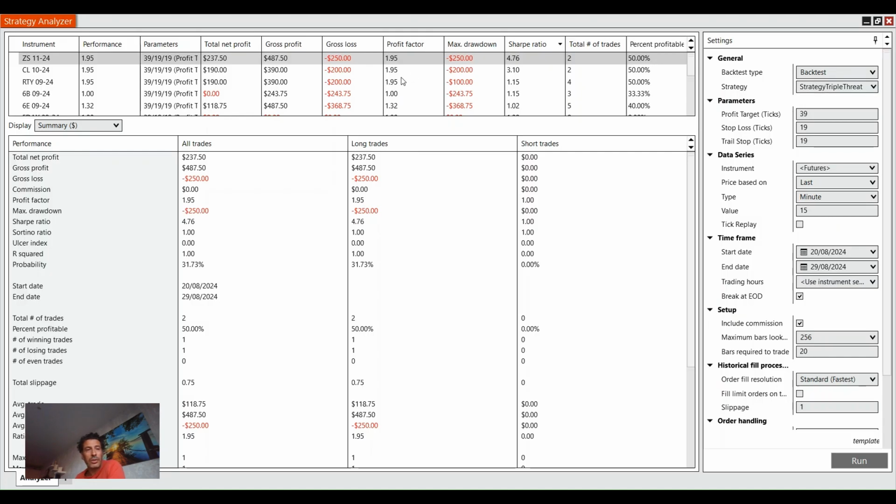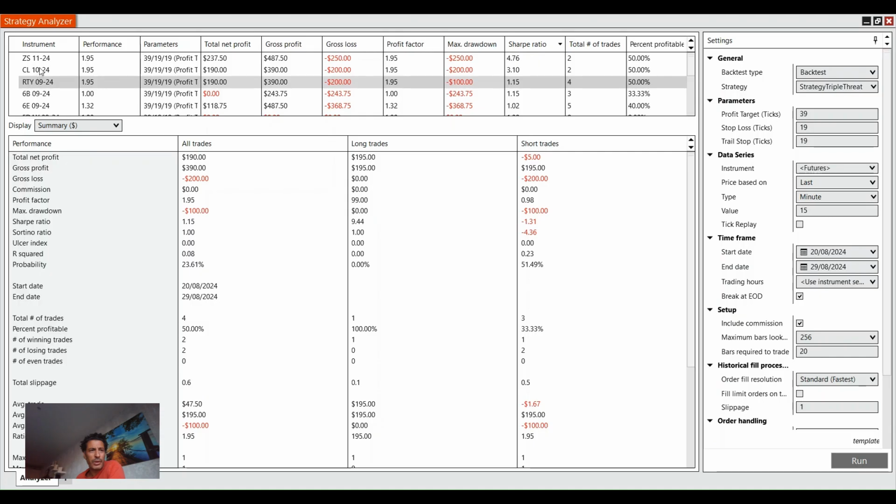This is what I like about this strategy. It doesn't trigger a lot, but when it triggers, it's more likely to be profitable. So a 4.76 Sharpe ratio is quite good, actually. It's very good. And the profit factor is 195, which is very good. So I would use those instruments, the top three ones.